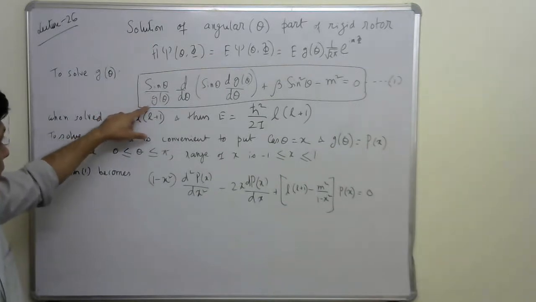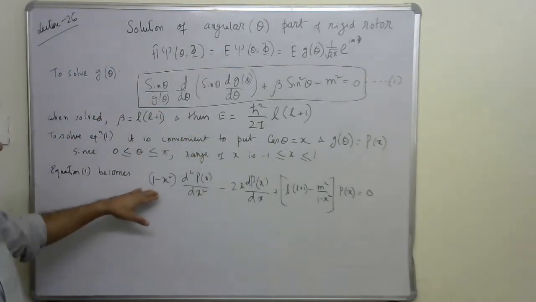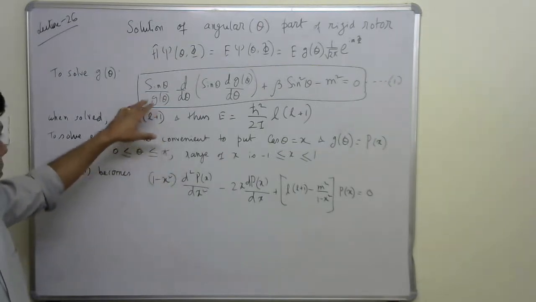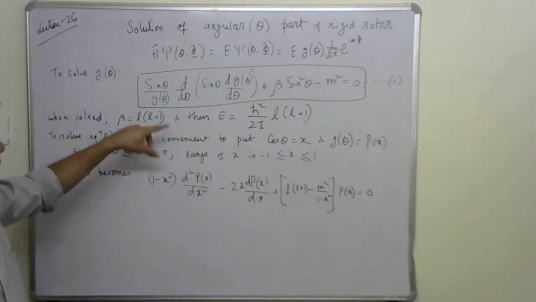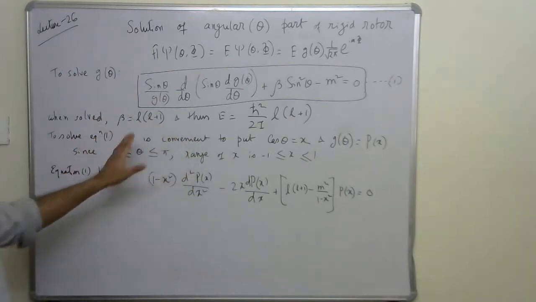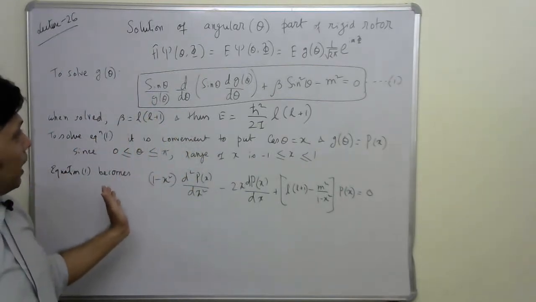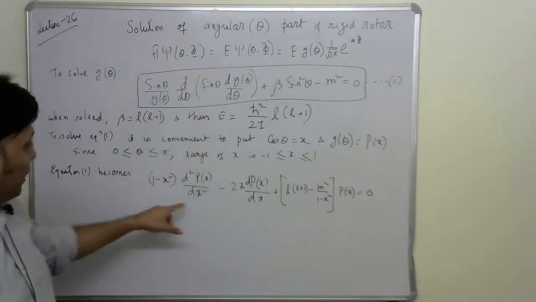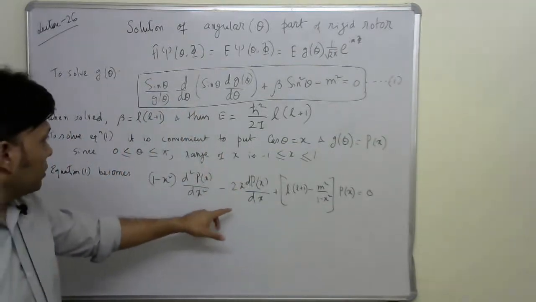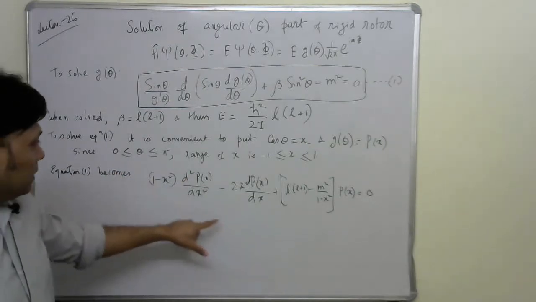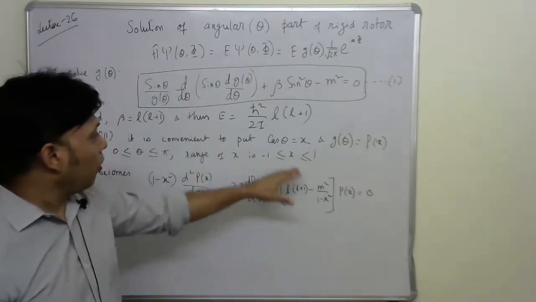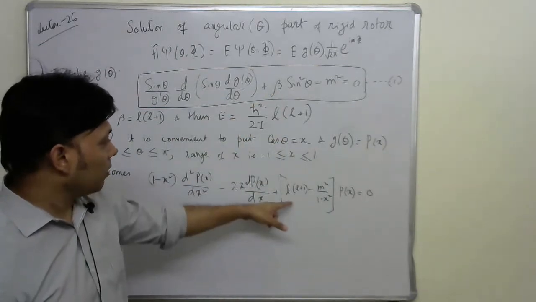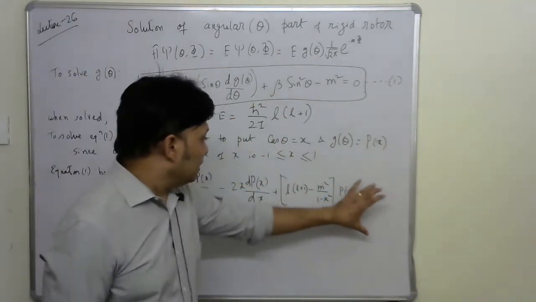Then we have g theta equal to P of x. By substituting, we multiply P of x on both sides, and finally we get this expression, where we have already used the value of beta.